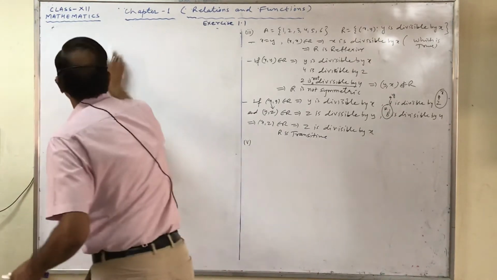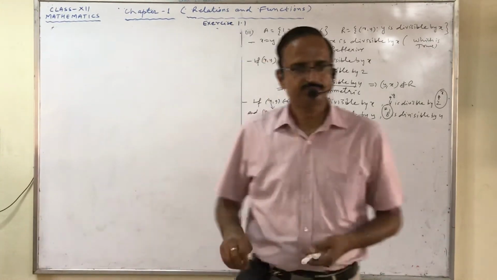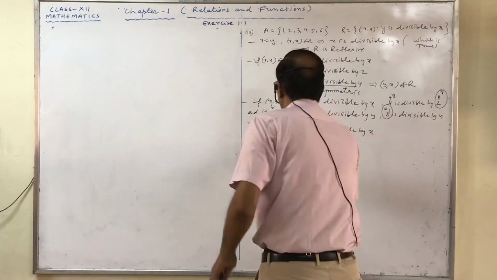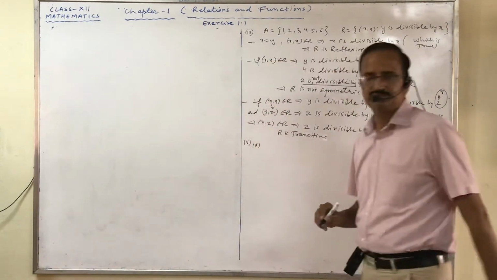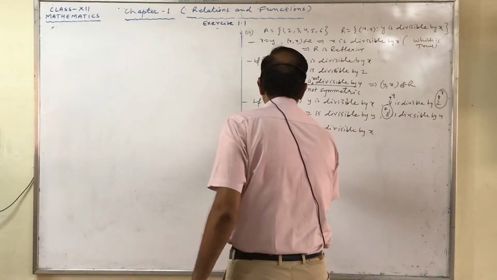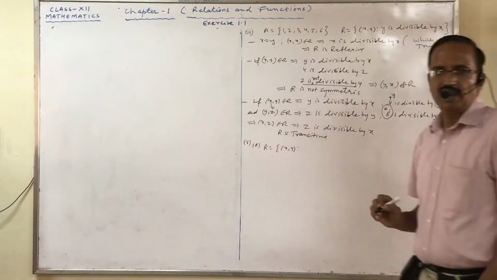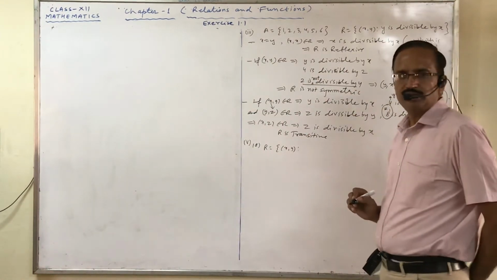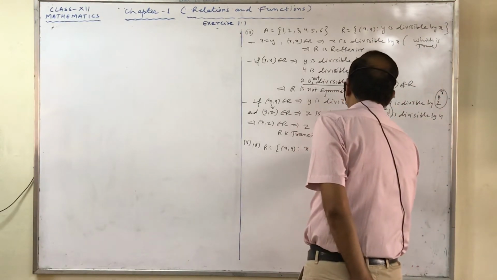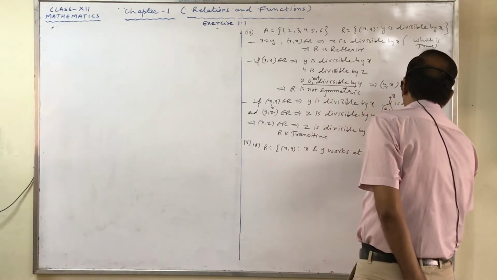These are related to the relation between human beings. Fifth part, first the A part. If R is a relation like this, xy, x and y work at the same place.